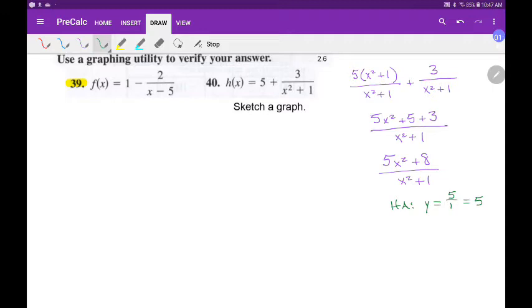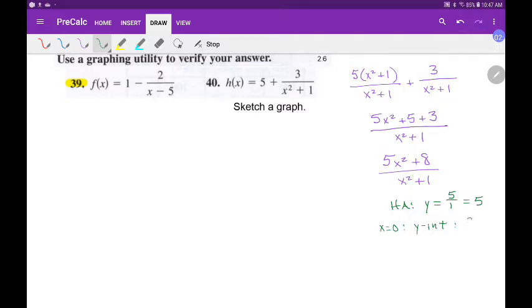And what happens when x is 0? Well, when x is 0, x equals 0 gives me the y-intercept. And that's going to be, if x is 0, here and here, those go away.